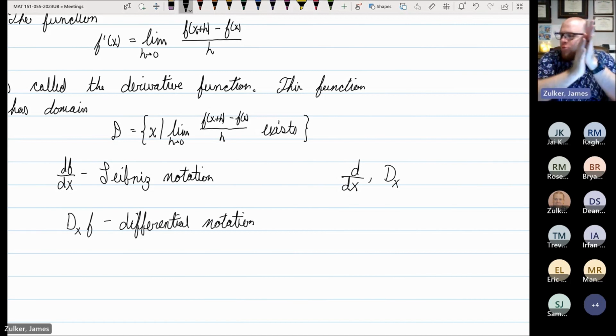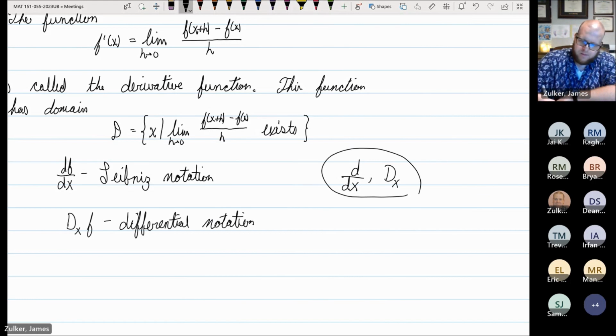As these two are written, they make no sense. These are what are referred to as operators.